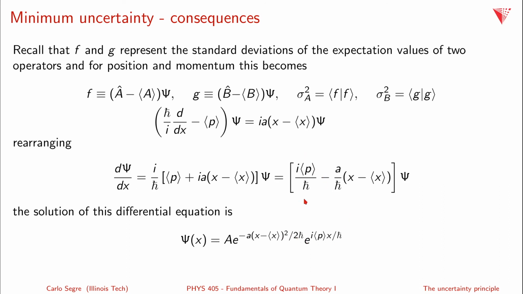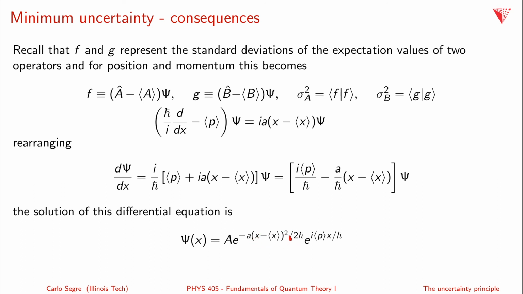And then I have this term, which is simply i times the expectation value of p over h bar times x. Because when I take the derivative here, I just get ip over h bar and the function back again. Here I have to get this quantity in front, so I have to have this quantity squared.